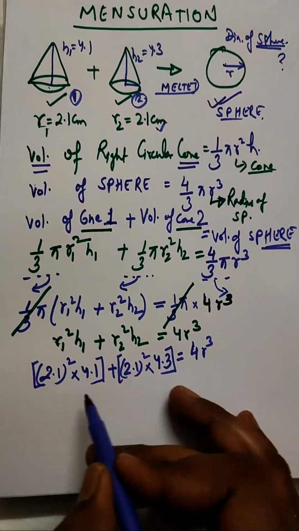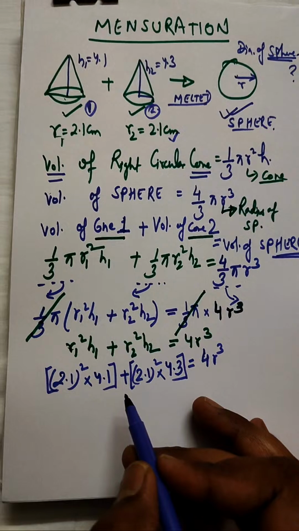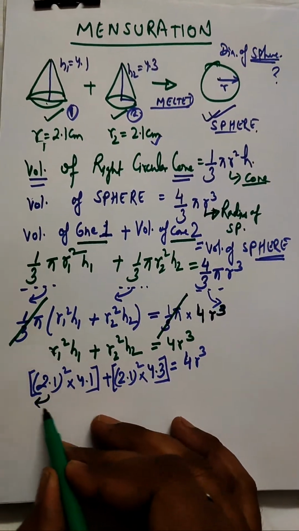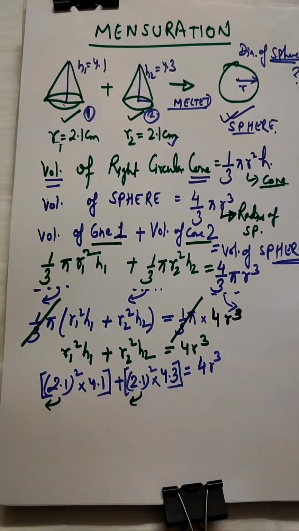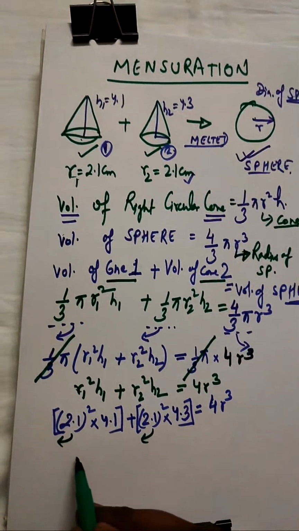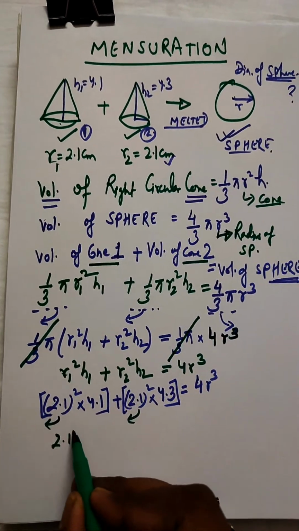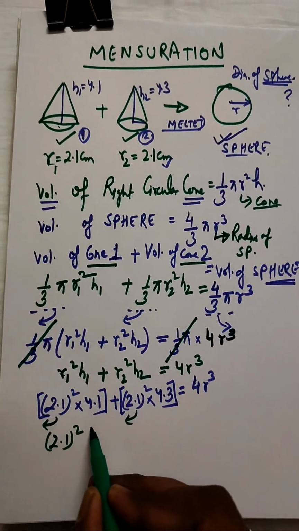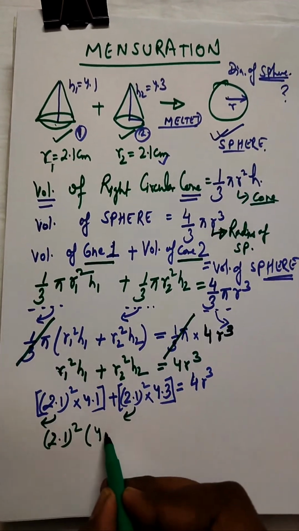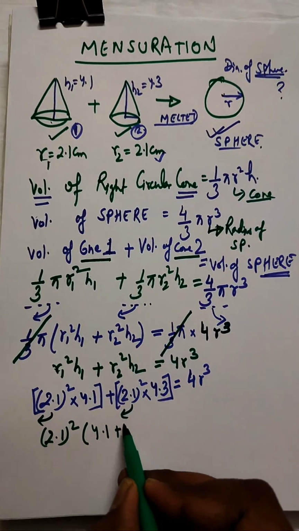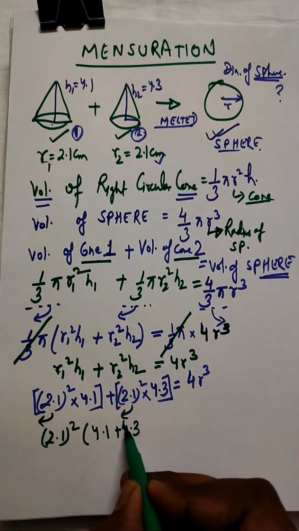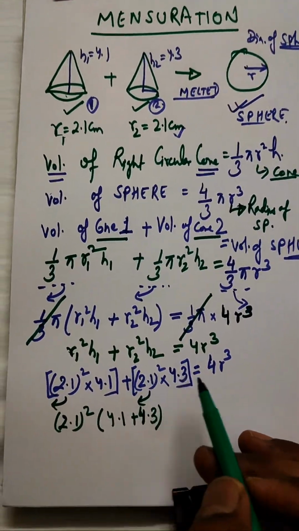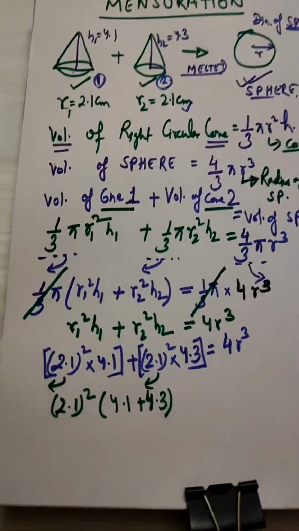In both these two terms of the LHS, you can see 2.1 square is common, right? So why don't you take it as common? 2.1 square is taken as common in the LHS, and we are left with 4.1 plus 4.3.